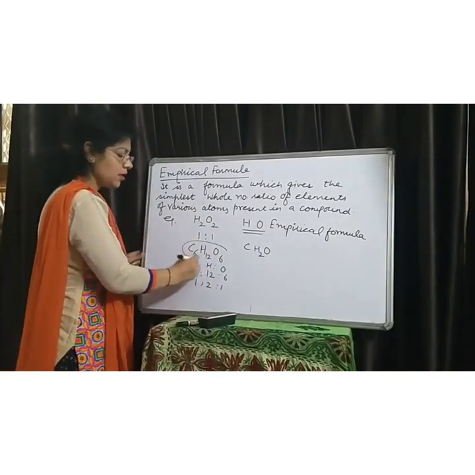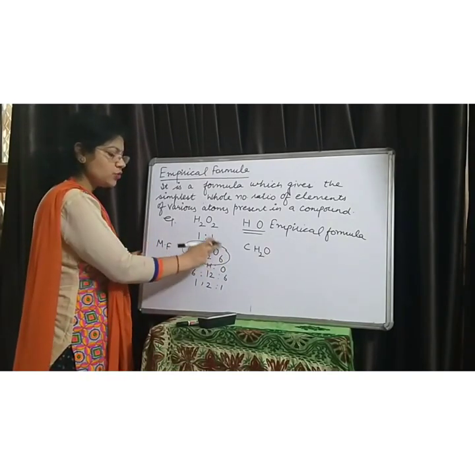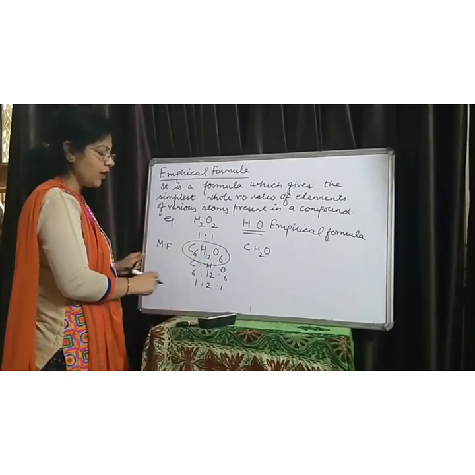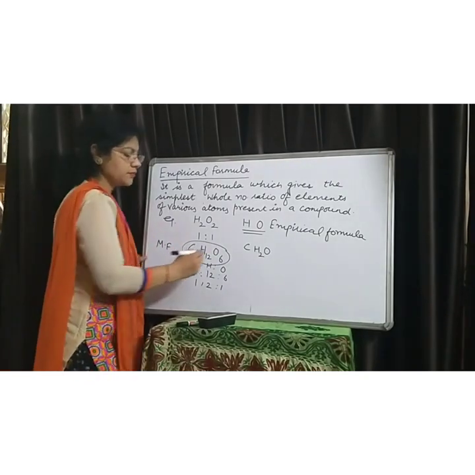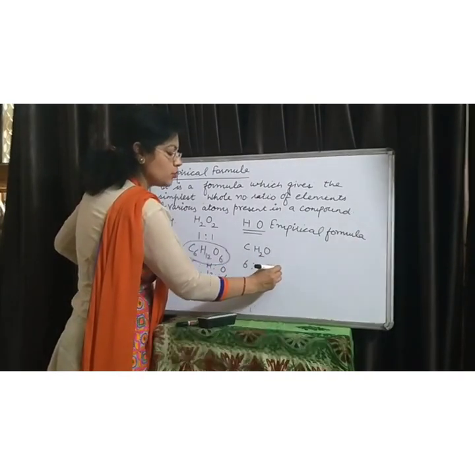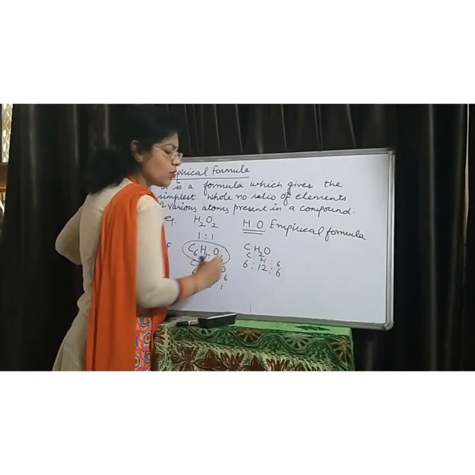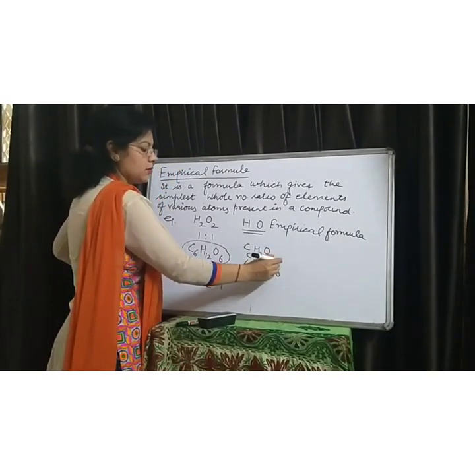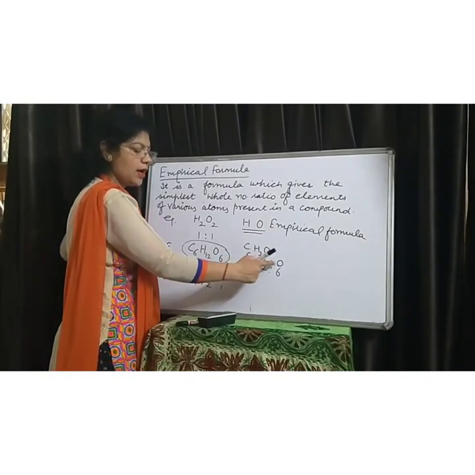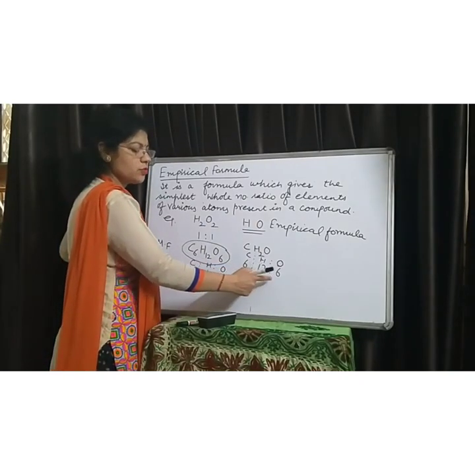Here the actual ratio of carbon, hydrogen and oxygen in glucose is 6:12:6.